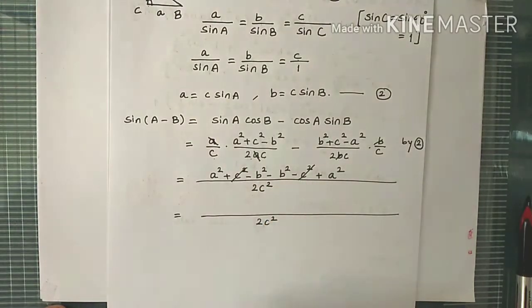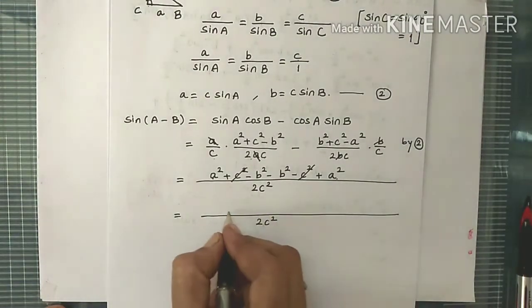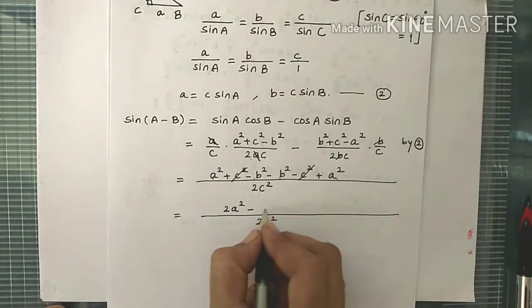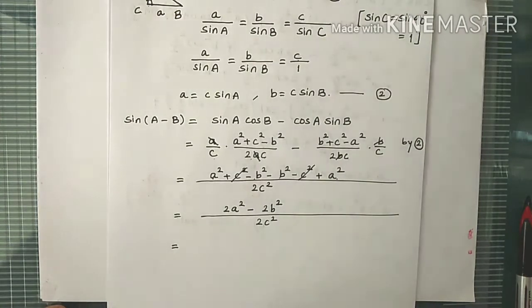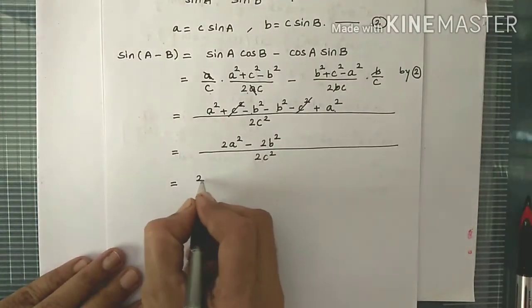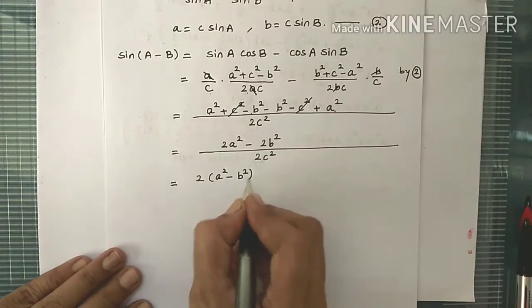So C square minus C square gets cancelled. So we have A square plus A square, that is 2A square, minus B square minus B square, that is minus 2B square. So we can take 2 common. So taking 2 common, we have A square minus B square divided by 2C square.